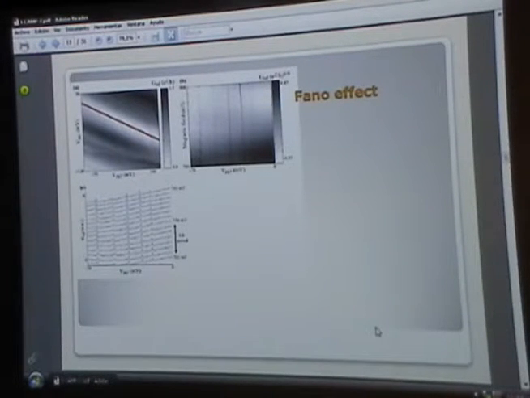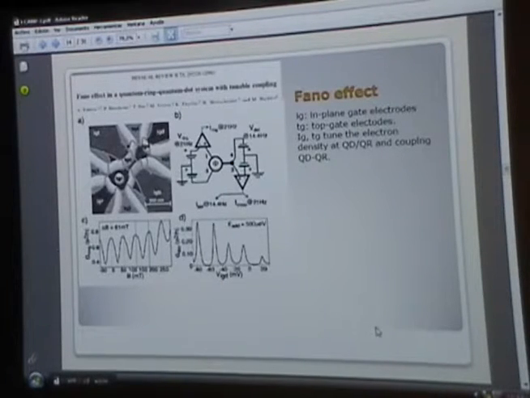Here is another experiment. In this case, it's by other people in 2006, where they use this photograph of a quantum ring and this quantum dot. They are connected with each other, and the connection can be turned on or off through these top gates here.